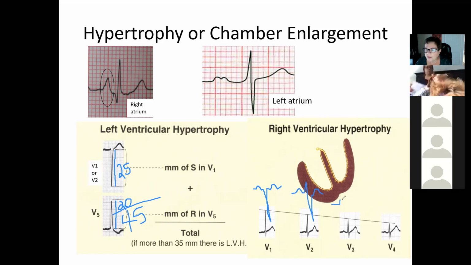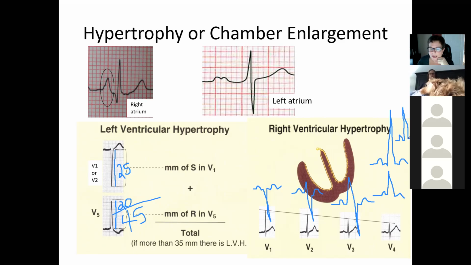V3 is what we call the zone of transition, where you get an equally positive and an equally negative. Then your V4 should be tall. Oops, not that wide. V5 will be your tallest QRS because electricity in a normal heart will come directly at it. And then V6 will be just a little bit shorter than V5.